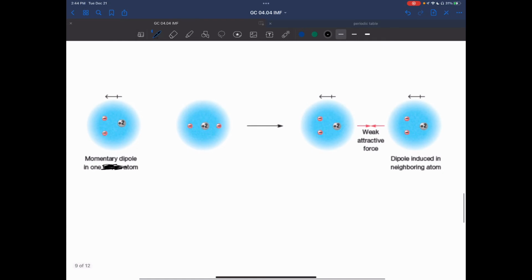All right, we're going to go from the second strongest, which is dipole-dipole, to the absolute weakest, which is London dispersion forces.